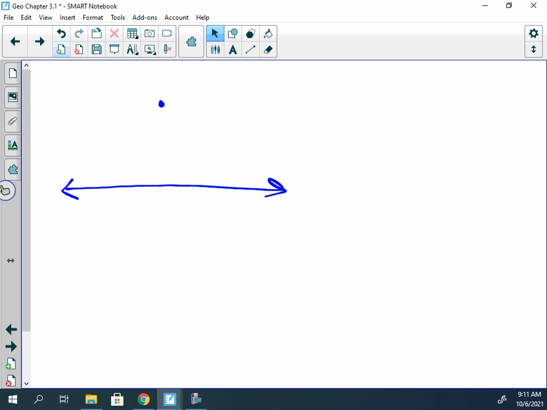Well, how many lines can we have that are not parallel to it? Tons, because I can draw any other line through that point that is going to intersect it at some point. There's only going to be one line through this point that is exactly parallel to it. There's lots of others that are not.